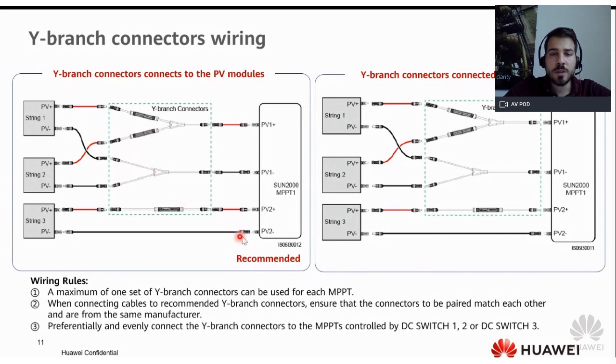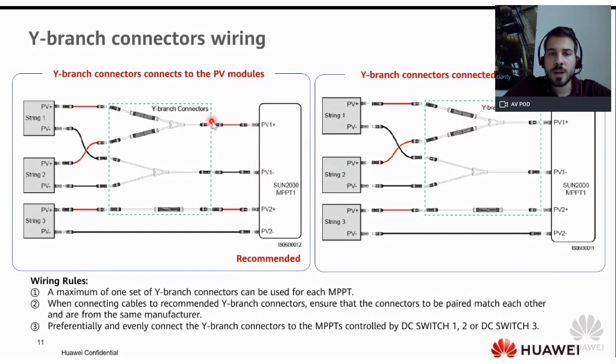And what we recommend here is that you are advised not to connect the Y-branch connector directly to the inverter, because in case there is some misconnection or any installation problem and something happens, it's better to leave the inverter far from any problem.